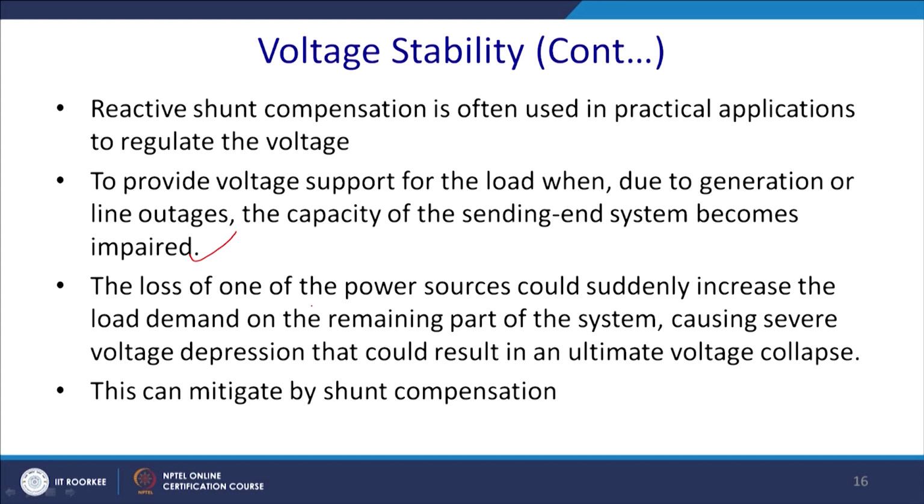The loss of one power source could suddenly increase the load demand on the remaining part of the system, causing severe voltage sag or depression, and that could result in ultimate voltage collapse, and those can be mitigated by the shunt compensation by better monitoring or regulating the voltage.